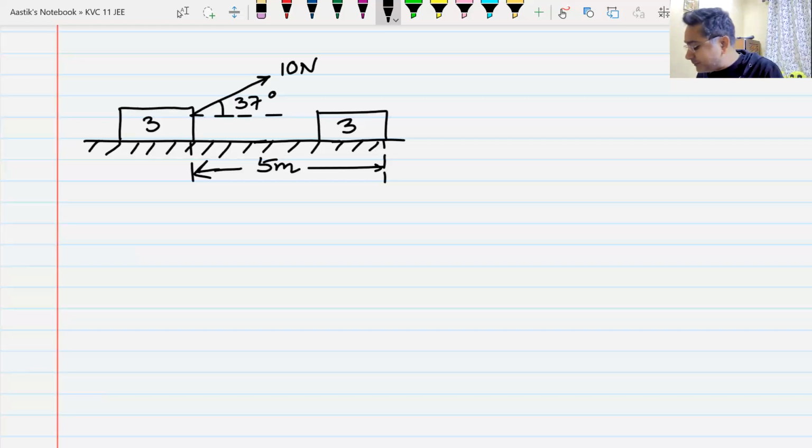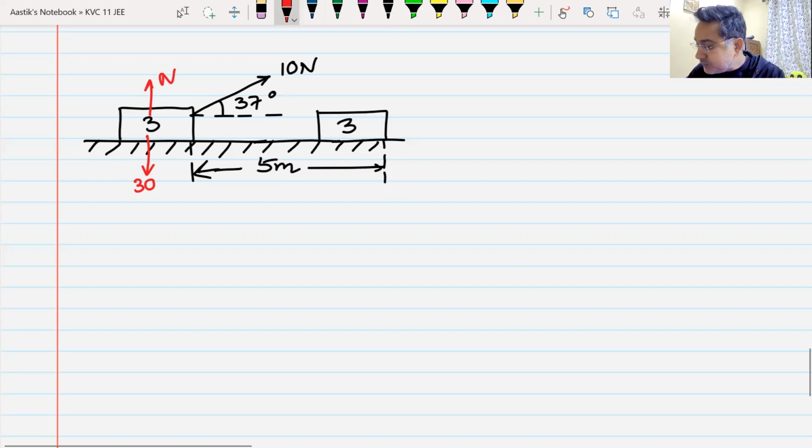So how do you do this? You draw the free body diagram. Wrong color. Weight is 30 newtons. Normal reaction is 30 newtons. 100/3, sir.